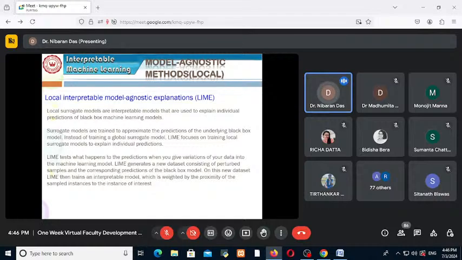Now, the most popular one, rather, is LIME, local interpretable model-agnostic explanations. LIME is used heavily in the domain of interpretable machine learning.